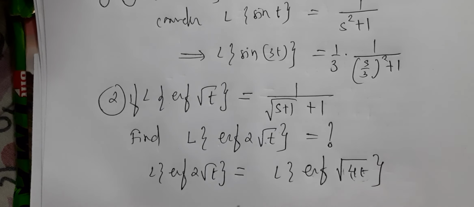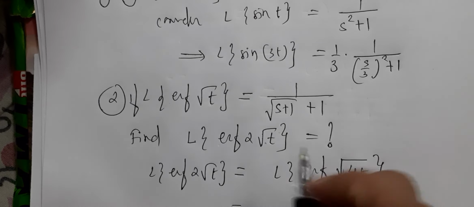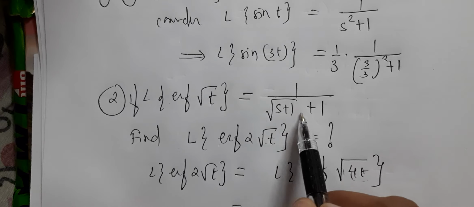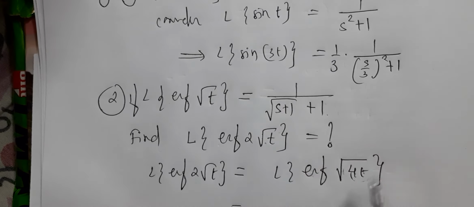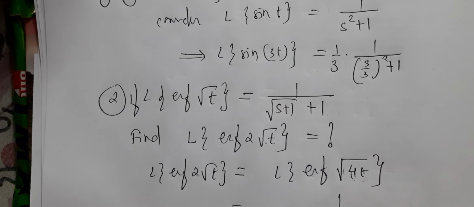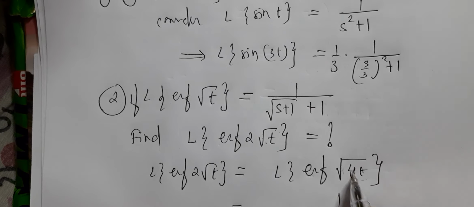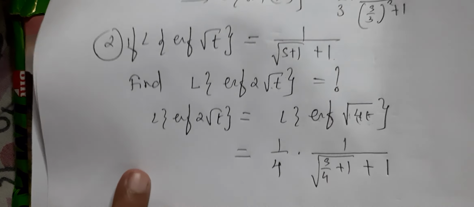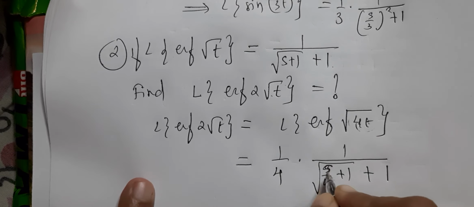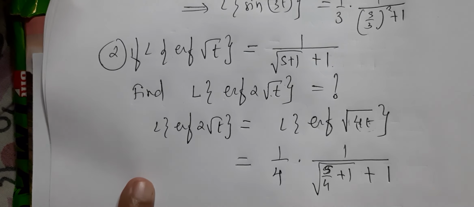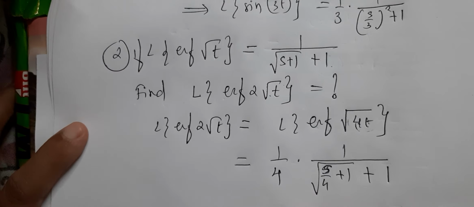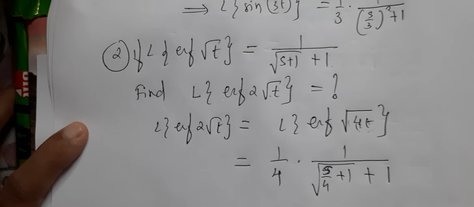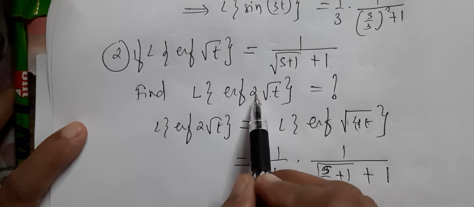So my Laplace will be: first we have to find Laplace of error function of root t, which is given. Replace s by s upon a, which is actually s upon 4 and not s upon 2. So s upon 4 plus 1, and into 1 upon a, that is 1 by 4, and you can simplify this. Please understand this very well. I am repeating this part because it is a very common mistake: students just replace s by 2.